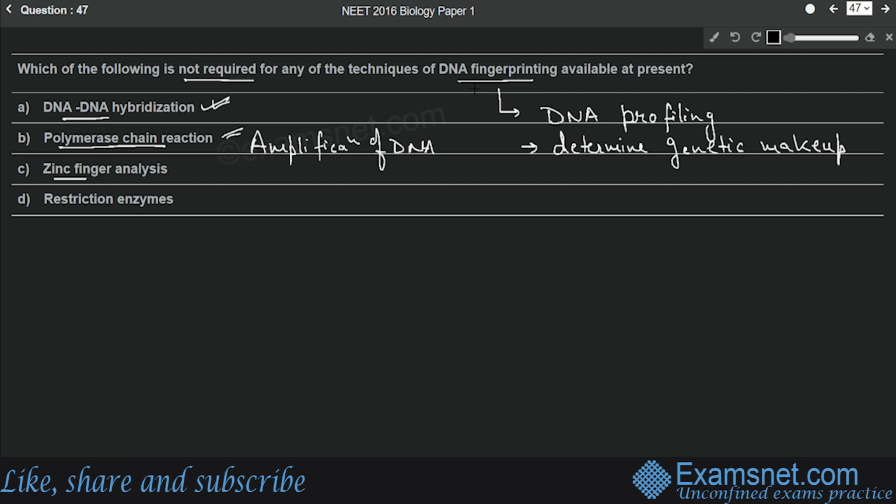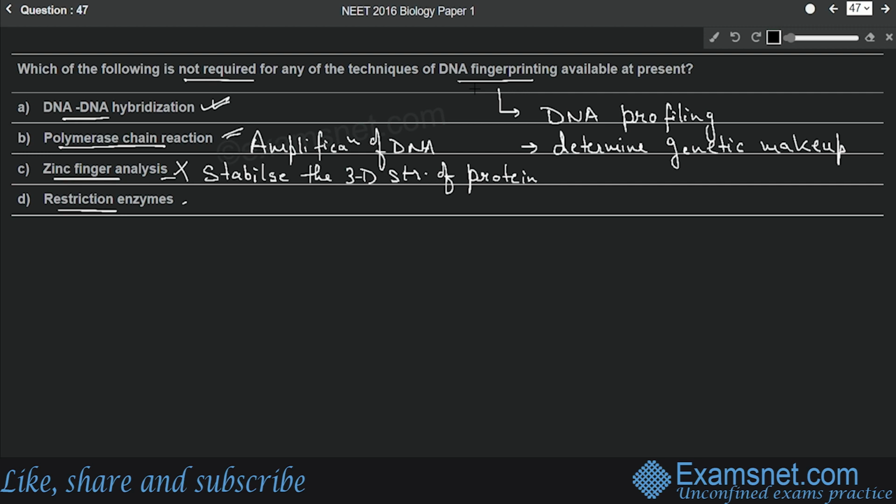Third one is zinc finger analysis. This is not a part of DNA fingerprinting. This is used to stabilize the 3D structure of proteins. So this is related to protein, not DNA fingerprinting. The last one is restriction enzyme.